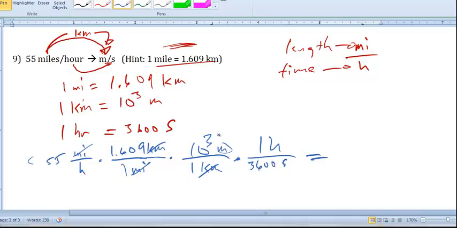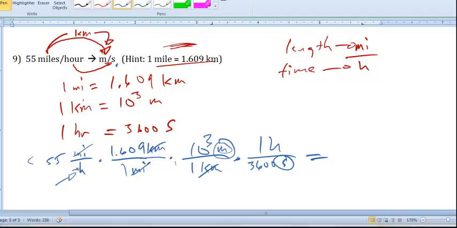All right, now hang on. Why did I put the hour on top? Well, because seconds needs to be in the denominator, right? So I've got to have my seconds in the denominator because we want meters per second. Also, the hours is in the denominator, and the only way to cancel hours is to put an hour in the numerator.